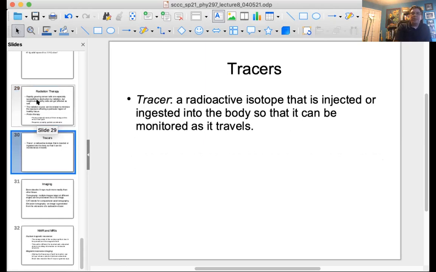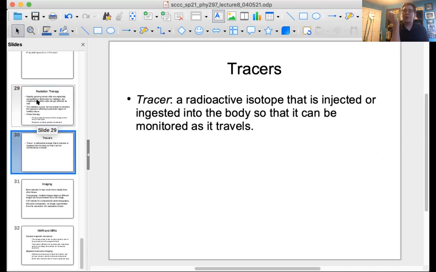Another example of radiation being used for positive means is a radioactive isotope that's injected or ingested into the body so it can be monitored as it travels. So you're not necessarily fighting cancer with it, but you're looking to see where the radioactive material goes.